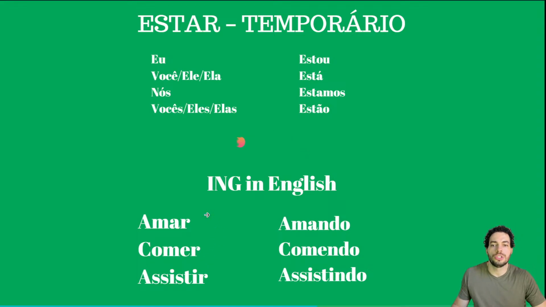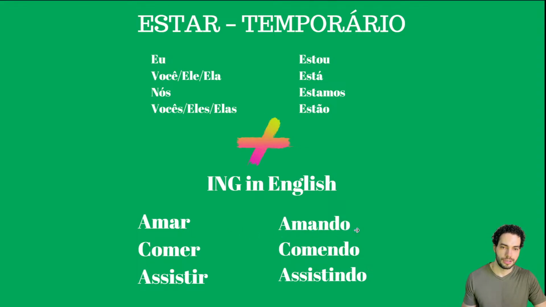If I want to use loving, eating, watching, I just need to remove the R. I'm going to replace the R by NDO. So instead of amar, love, amando, loving. And you're going to do this with all the regular verbs.